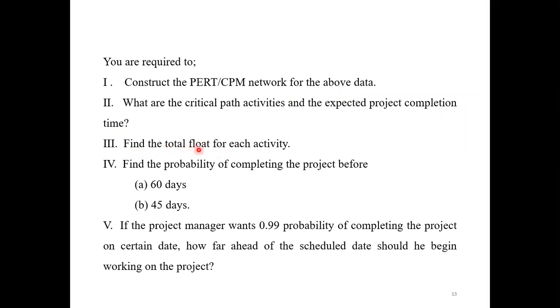So here about the float, the critical path, and drawing the network diagram, three important points. The fourth one is about the probability of completing the project before 60 days and before 45 days. This fifth one is also about probability. This question, one by one, we will address.